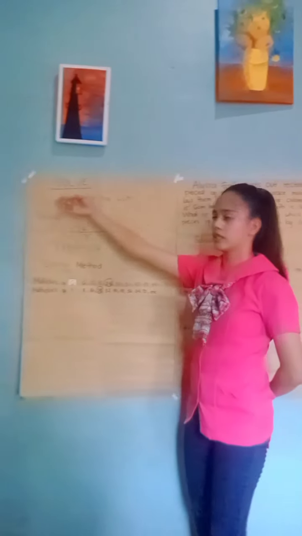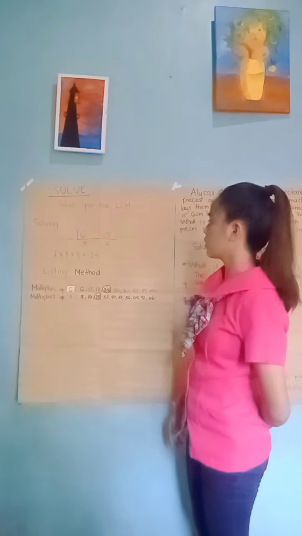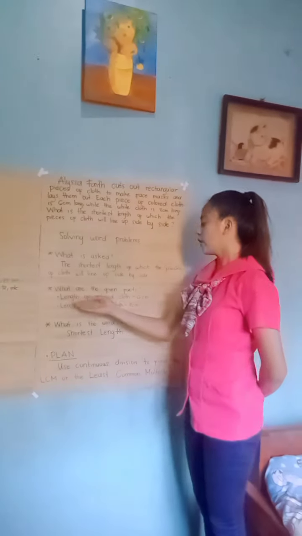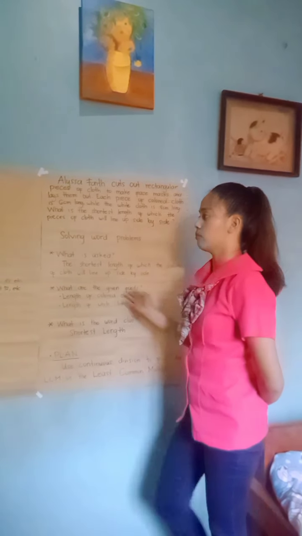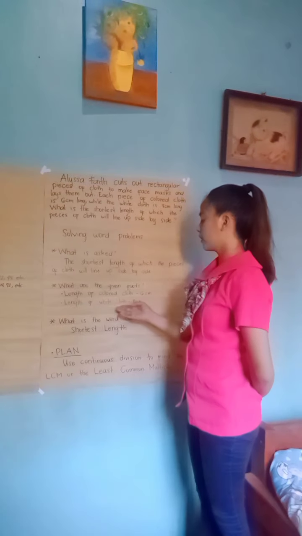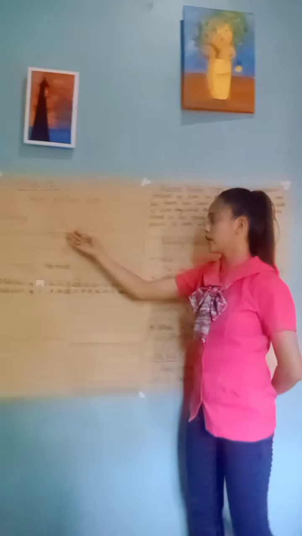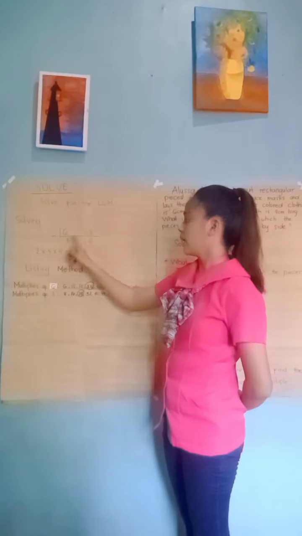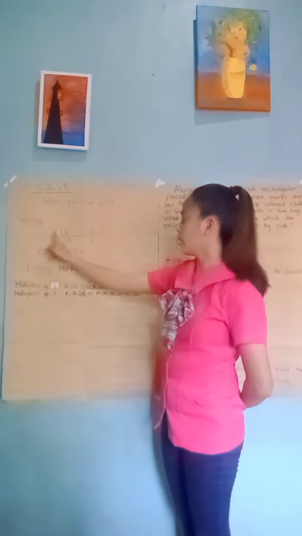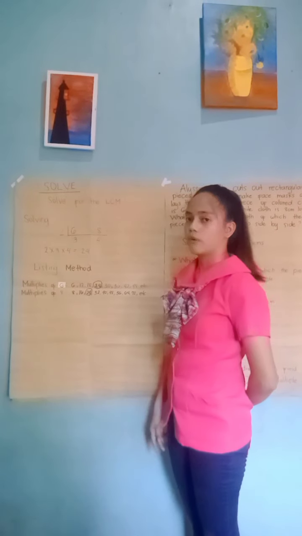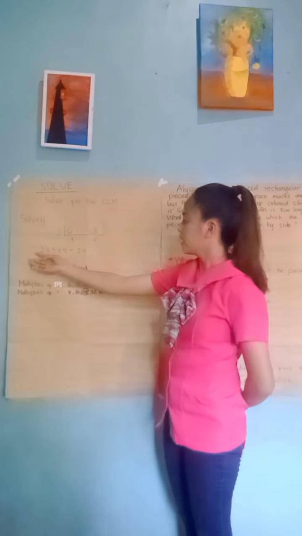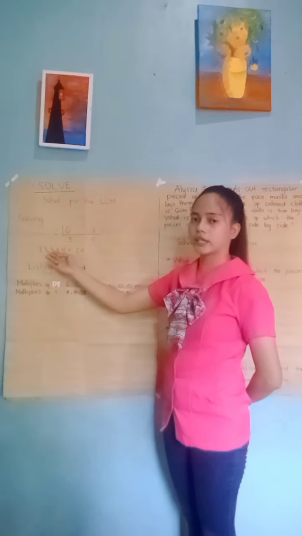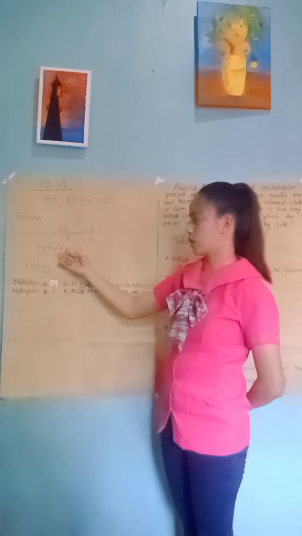Step 3, solve. Let's solve here. The length of colored cloth is 6 cm, while the length of white cloth is 8 cm. So 6 divided by 2 is 3, and 8 divided by 2 is 4. So we will multiply again. 2 times 3 times 4 is equal to 24.